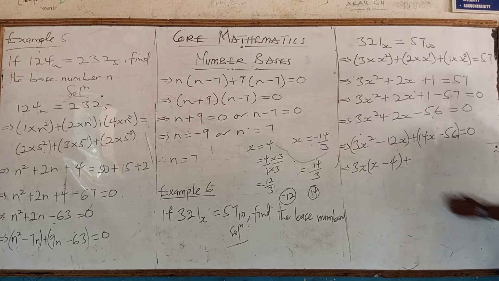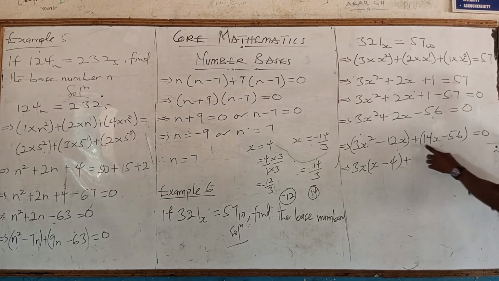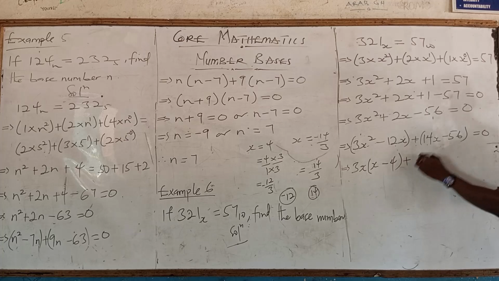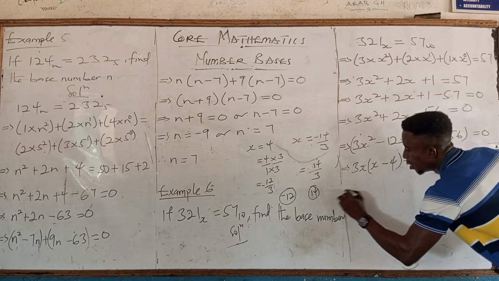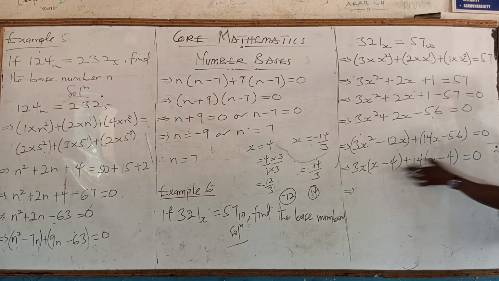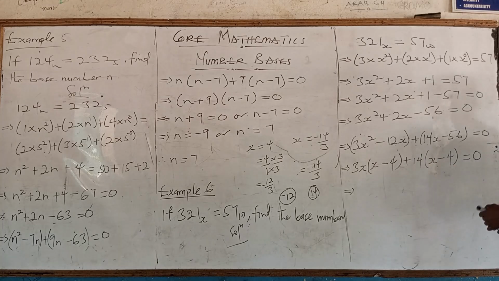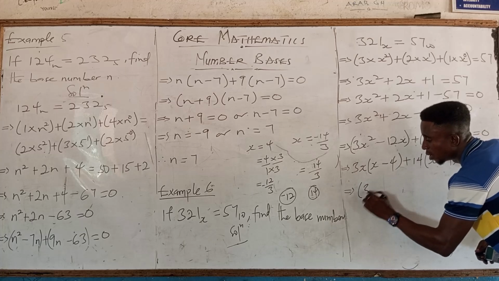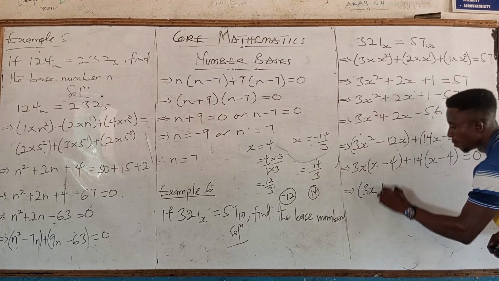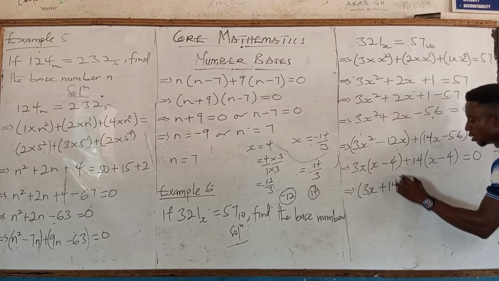So then plus 14 and that is 14. Is it 14? So I have x minus 4, then minus 14 into this is 4, which is equal to 0. Then what do we do next? Since the parentheses are the same, we form those outside to be in one bracket. So I will have 3x plus 14.